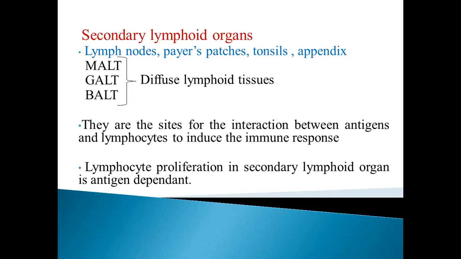These are the sites of interaction between antigens and lymphocytes. Whenever foreign bacteria or viruses are harming our body, these secondary lymphoid organs act and induce an immune response with the production of lymphocytes. So this proliferation here is antigen dependent. In primary lymphoid organs, it is antigen independent.